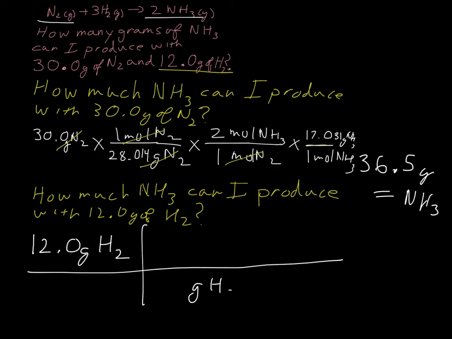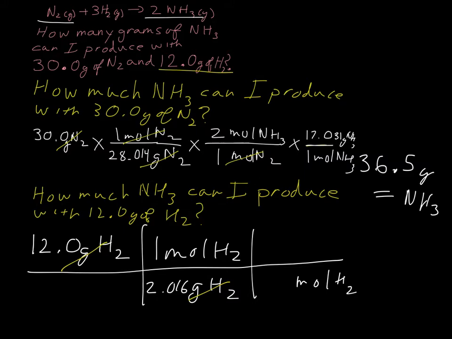So I'm going to place grams of hydrogen where they cancel out. I know according to my periodic table, 1 mole of hydrogen is 2.016 grams of hydrogen. I've gotten rid of grams of hydrogen. I have moles of hydrogen, but I don't want moles of hydrogen. So I'm going to place my moles of hydrogen where they cancel out.